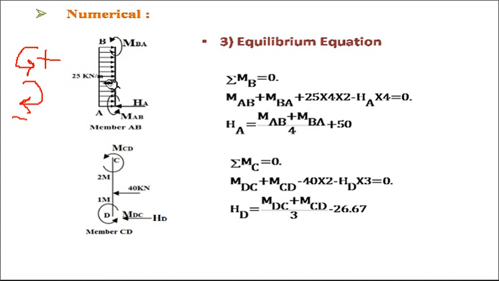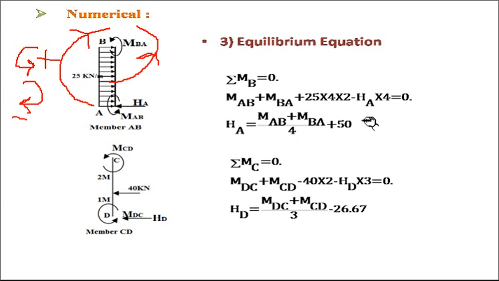Now this force 25 will act like this, in anti-clockwise direction, so plus 25 into 4, that is the length, and the CG is 2 meter, so 25 into 4 into 2. This horizontal force HA will act in clockwise direction, so it will be minus HA, the length will be 4 meter, equal to 0.